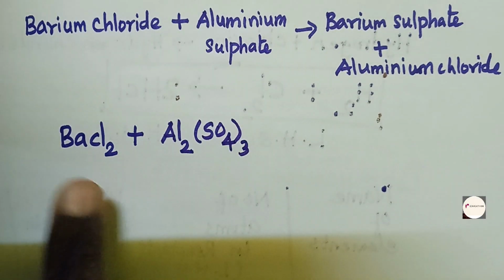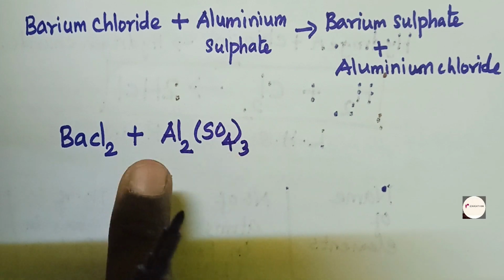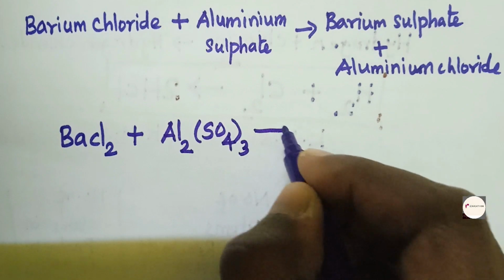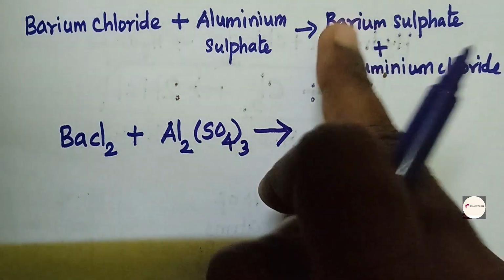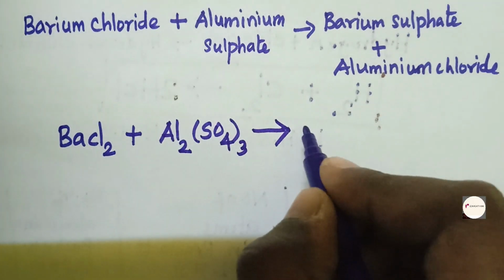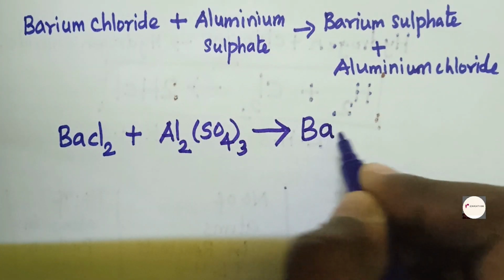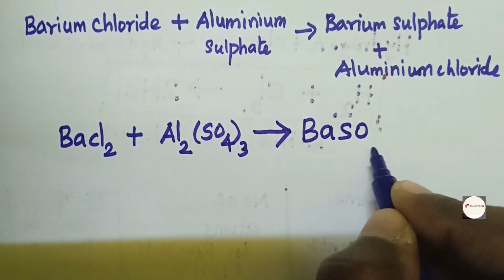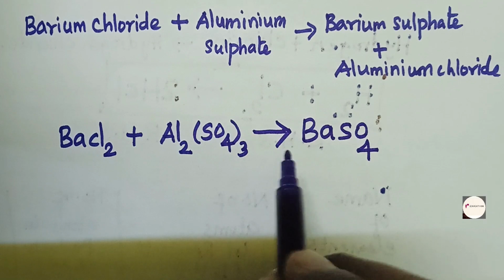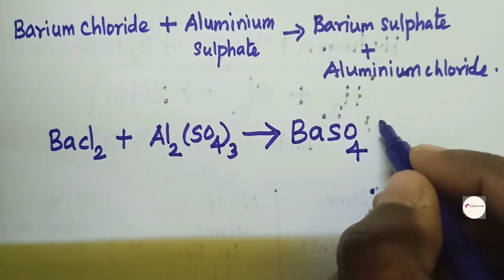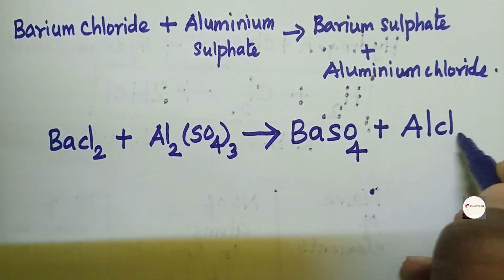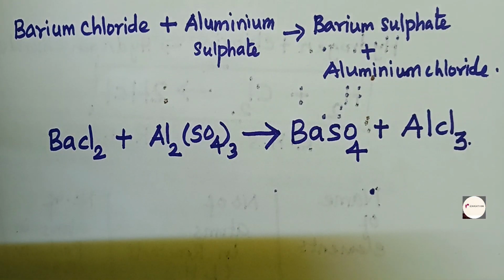Okay, barium chloride plus aluminium sulfate, Al2(SO4)3, gives barium sulfate, exchange of ions. So you are making this equation: BaSO4. Okay, barium chloride plus aluminium sulfate gives barium sulfate plus aluminium chloride, AlCl3. This is the equation.